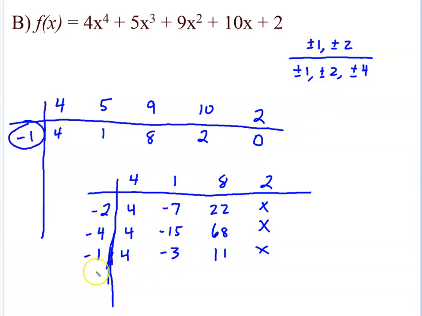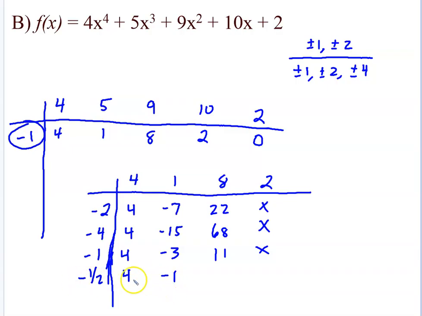So now let's take a look at fractions like -1/2. This is a good illustration. Sometimes you get to it very quickly. Other times you're going to have to work for it a little bit. So let's bring down the 4. 4 times -1/2 is -2, plus 1 is -1.